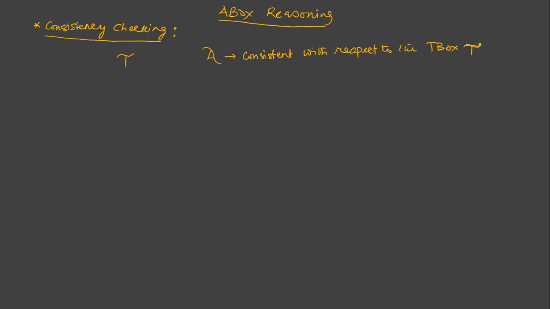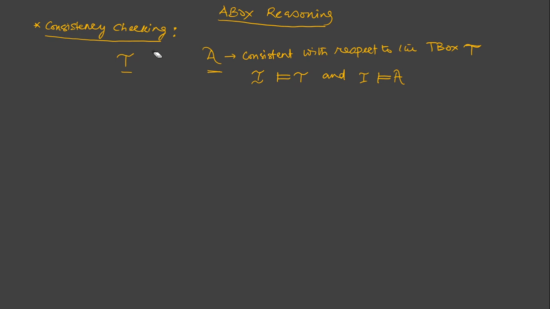We say that this A box is consistent if there is an interpretation which is a model of both this T box and the A box. So you have to find at least one interpretation which is a model of the T box, and also a model of the A box.